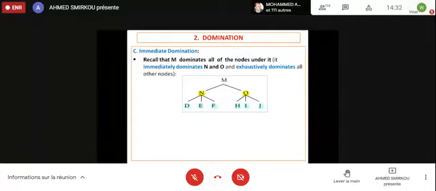Of course it dominates everything, as we said, but it immediately dominates N and O here. But M does not immediately dominate D, E, F, because between M and D, E, F, there is N.